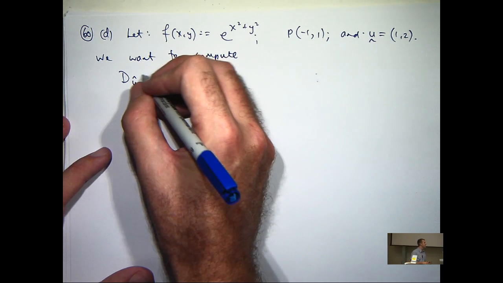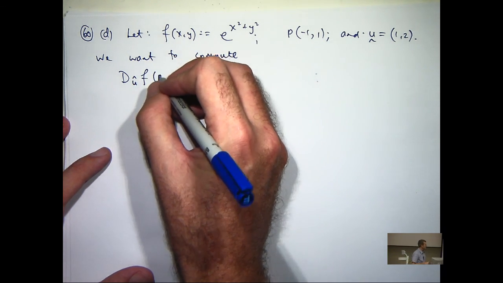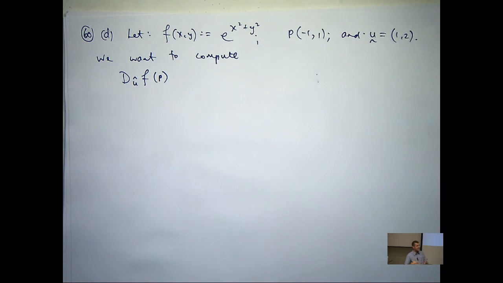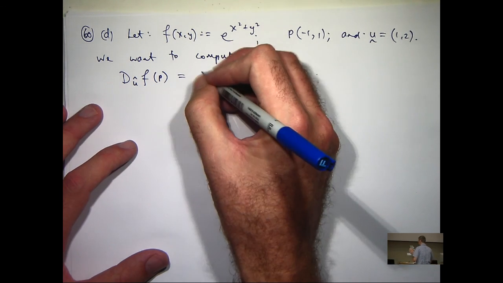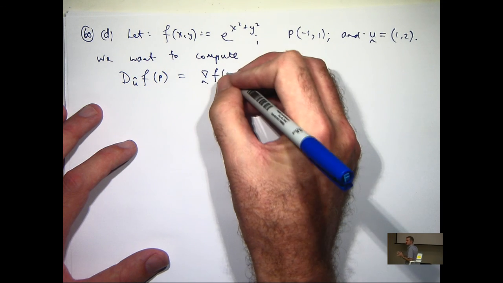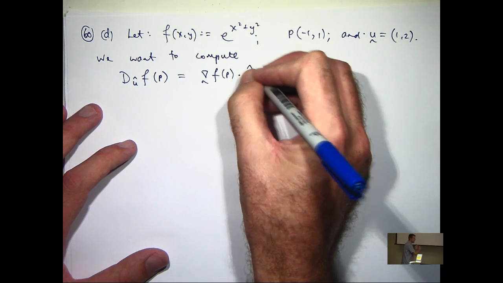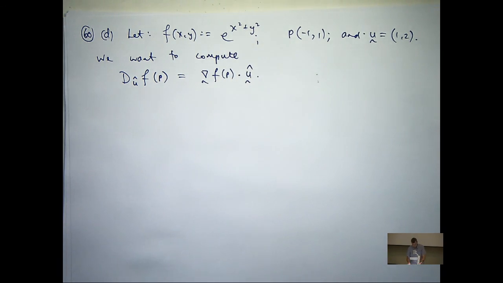So we want to compute this directional derivative, right? And we know that because our function's differentiable, we can use the dot product. It's just this dotted with this. So let's do the gradient first.